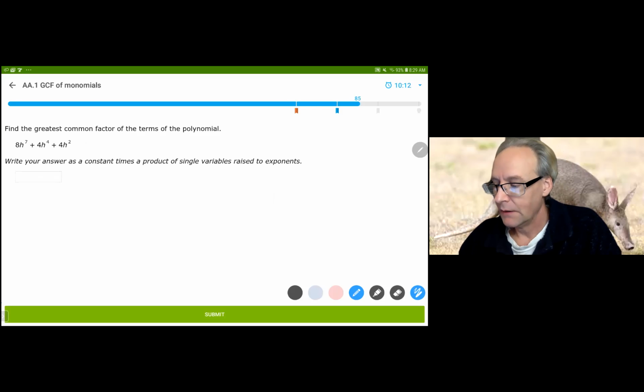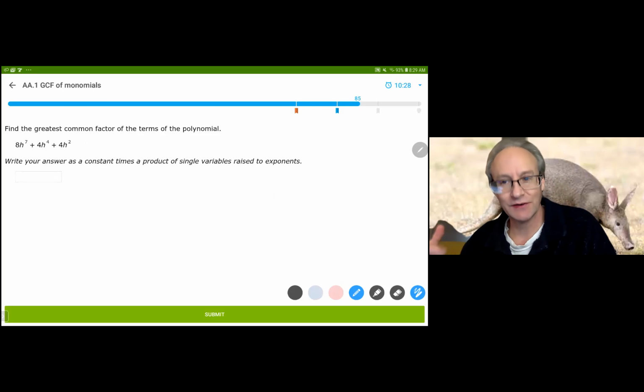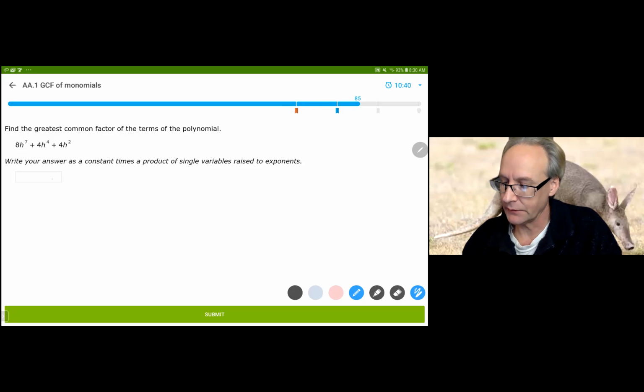And 4 goes into all three coefficients. We call those numbers in front coefficients. This is called a trinomial, and it happens to be 7th degree because its highest exponent is a 7. But for the greatest common factor, it seems a misnomer, doesn't it? It seems like greatest should be the 7, but it's not. The greatest common factor is the one that goes into all three terms, and we're looking at the 4h squared.